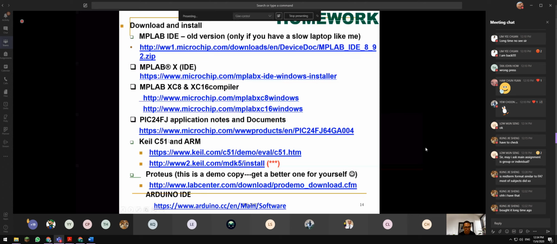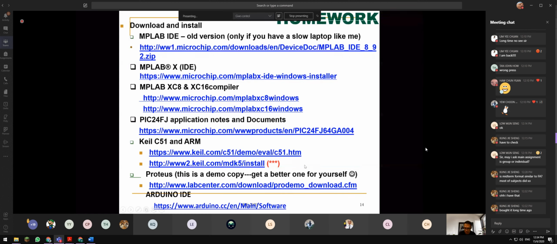Okay, so it supports all the MCS51 family, as well as all the ARM microcontrollers that are very popular nowadays, whether it's an STM ARM or Hitachi ARM. So remember, it can be compiled by Keil uVision. You can download it.